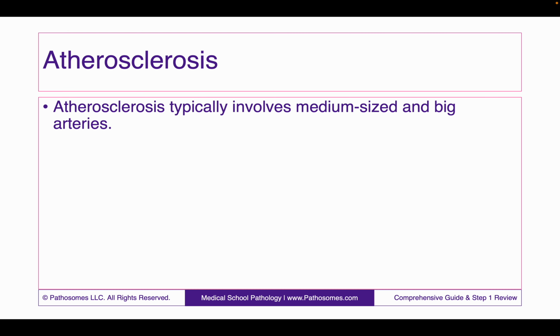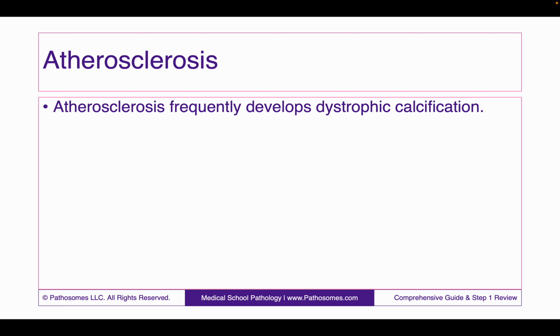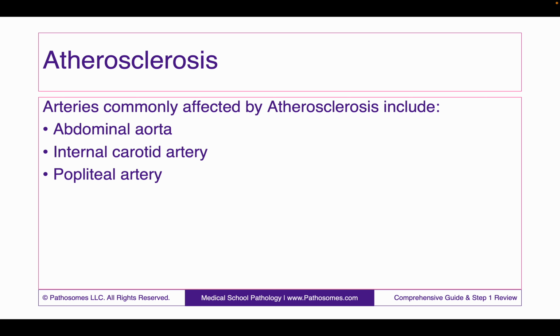Now, atherosclerosis typically involves medium-sized and large arteries, those big arteries, hence the aorta, right? Atherosclerosis frequently develops dystrophic calcification. Arteries commonly affected by atherosclerosis include the abdominal aorta, the internal carotid artery, and the popliteal artery.